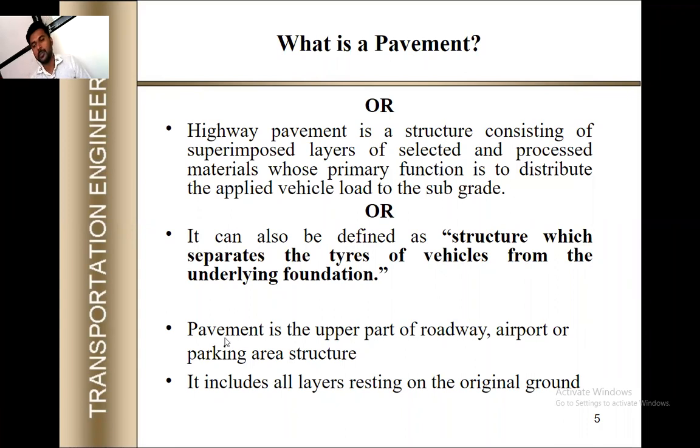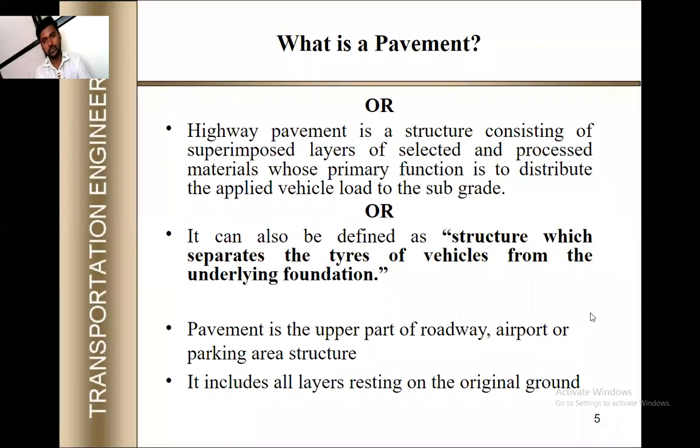The pavement is the upper part of the roadway, airport, or parking area structure. What is pavement? It is the upper part of the roadway system. We can say airports, we can also provide it on parking areas. It includes all the layers resting on the original ground.